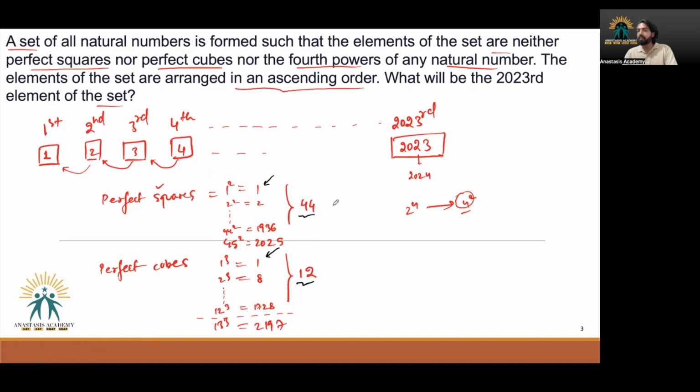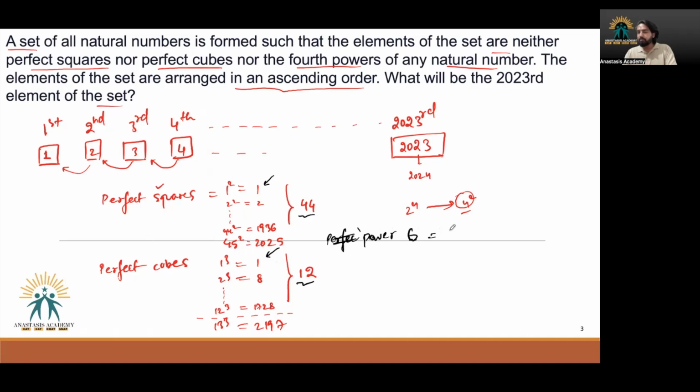These are 44 numbers, these are 12 numbers, so I've counted the common ones twice. How many numbers are there which are perfect squares and perfect cubes also? These are sixth powers. Sixth powers are numbers that are both perfect squares and perfect cubes.